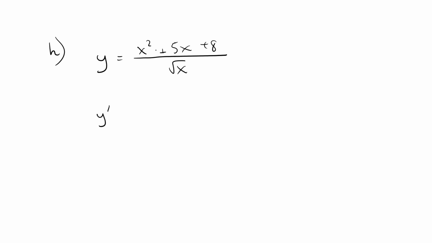All right, and last one here, h. And again, these are very similar to your homework questions. So I want to take a derivative of this guy, but real quick here, we have no rules for quotients.